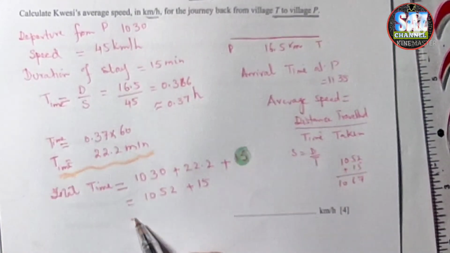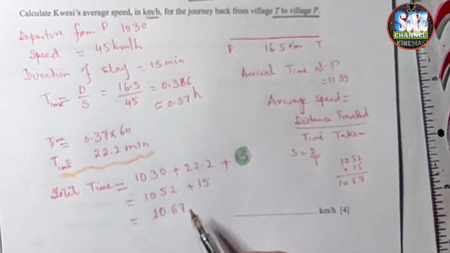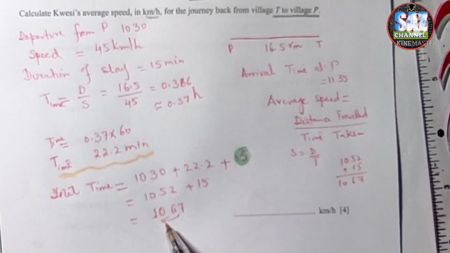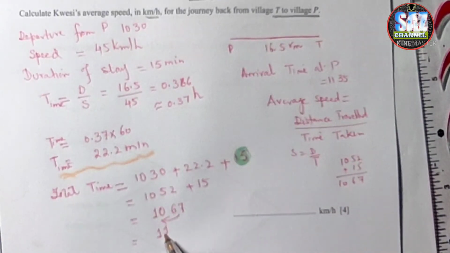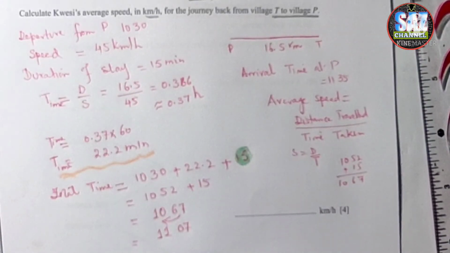But as here the minutes are more than 60, I have to take 60 minutes and give it to the hour, and it will become 11, and I will be left with 7 minutes. So the total time that he has taken from P to T, including the rest, is 11:07.